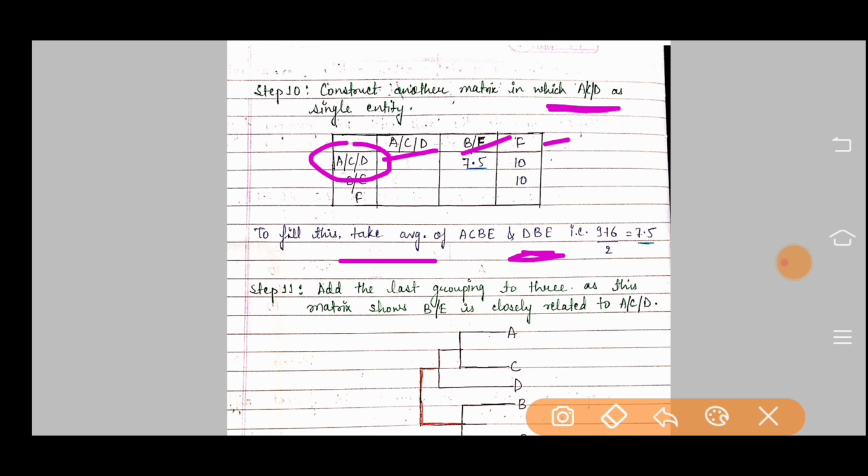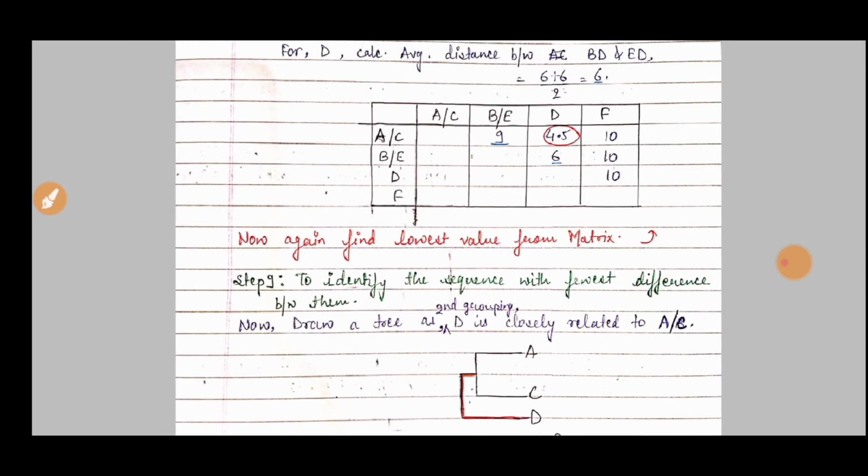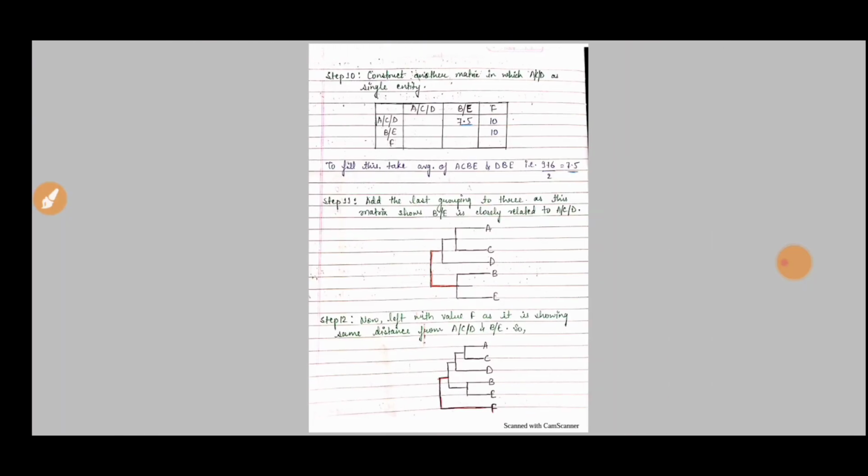From the above matrix you can see that ACBE is 9 and DBE is 6. So you have filled 9 plus 6 by 2, so 7.5.